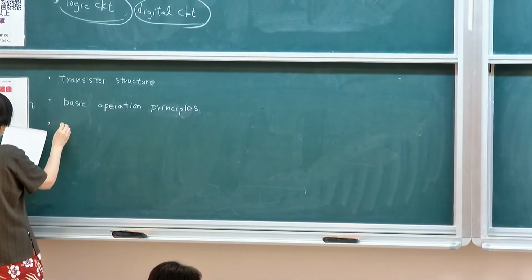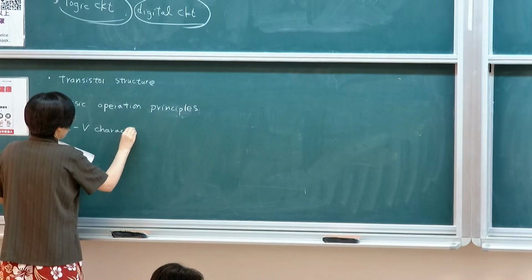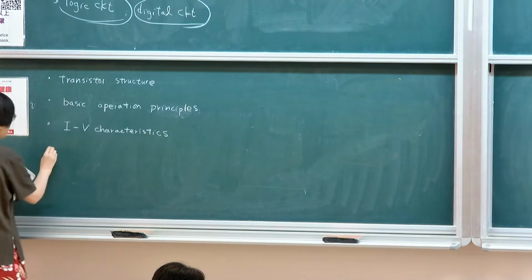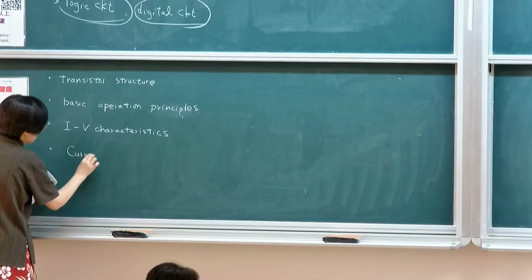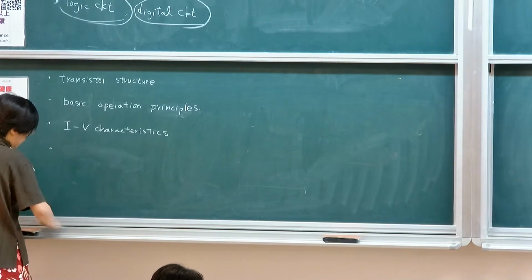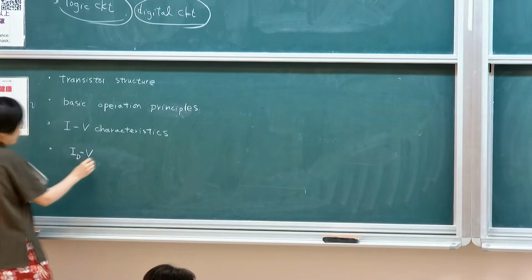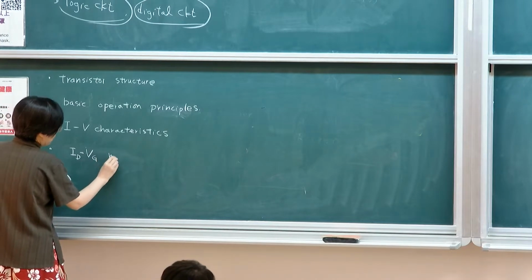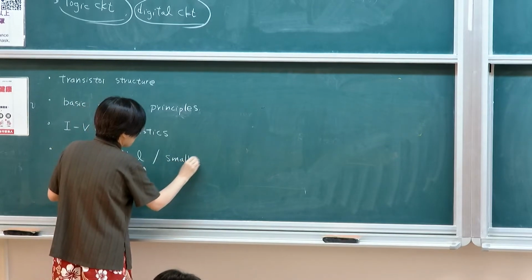Then we establish the IV characteristic: how does one characterize a device? You can measure it and model it. We want a current-voltage model, the drain current as a function of gate voltage. And of course, we're going to generate a small signal equivalent model as well.